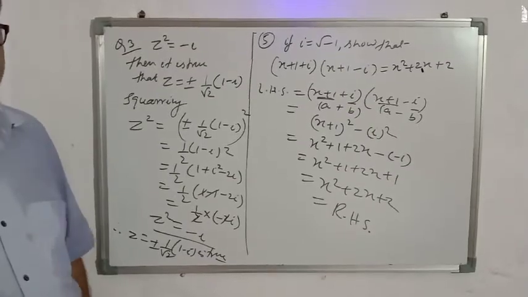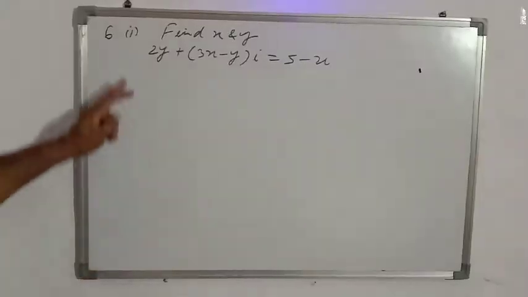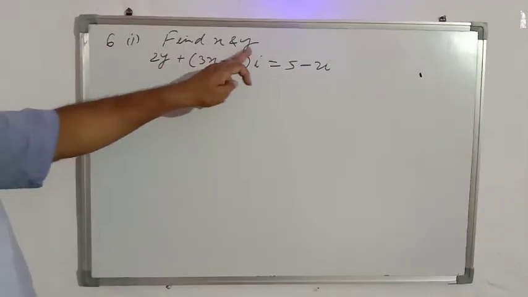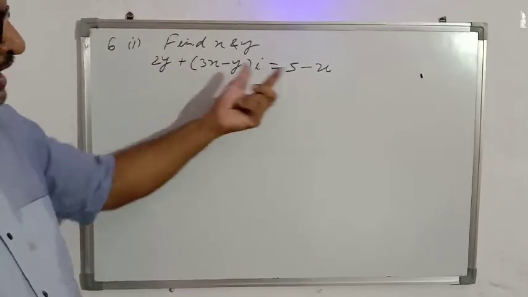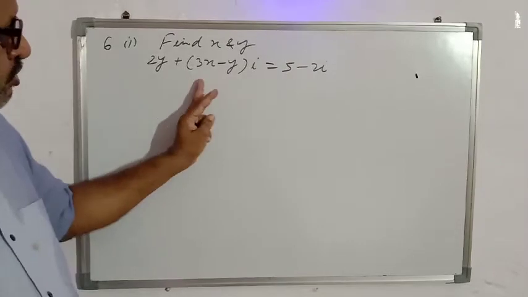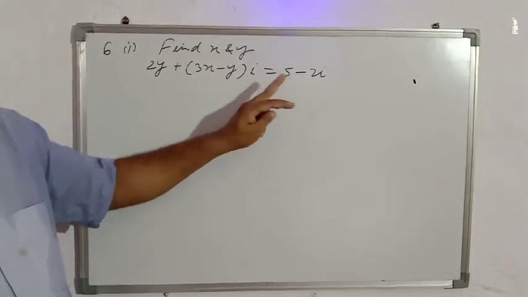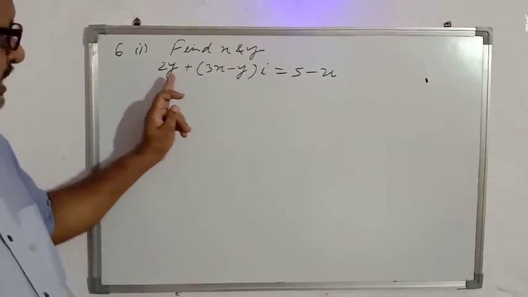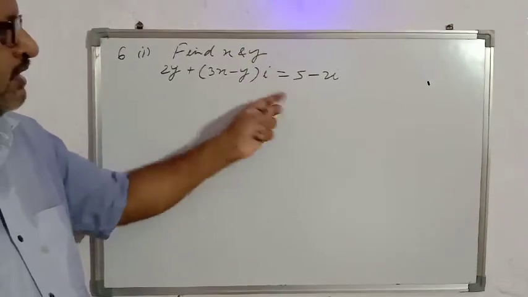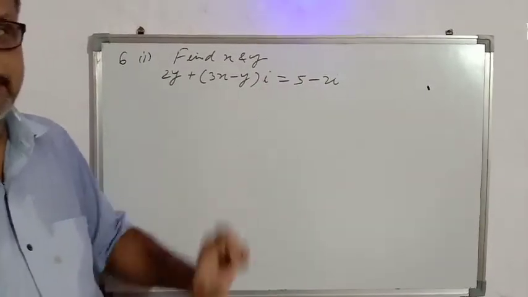Question number 6, first part. Find x and y if this is given. So it is a complex number, right side is also a complex number. Two complex numbers are equal. I have already told you, if two complex numbers are equal, then their corresponding real parts will be equal and imaginary parts will be equal separately.